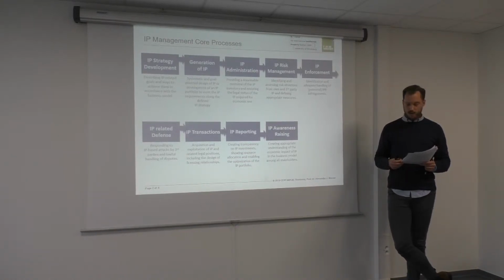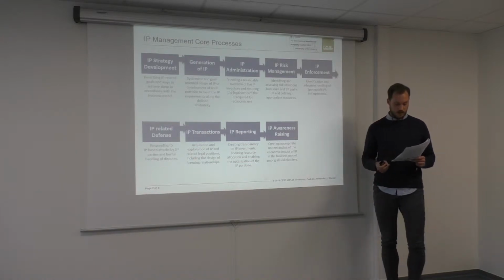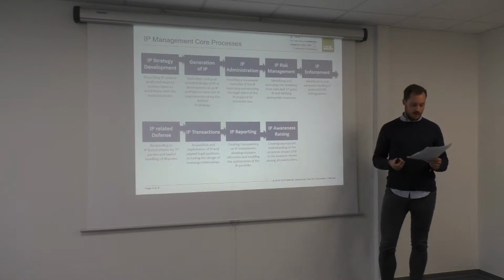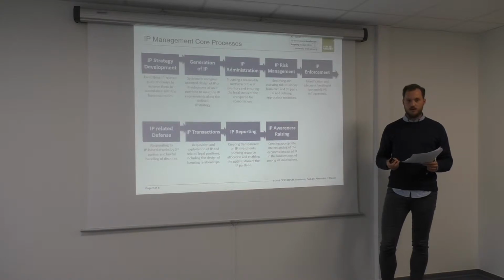As well, we have IP transactions as a core process. IP transactions cover acquisitions and exploitation of IP, for example, mergers and acquisitions, joint ventures or collaborations are conceivable in this context.